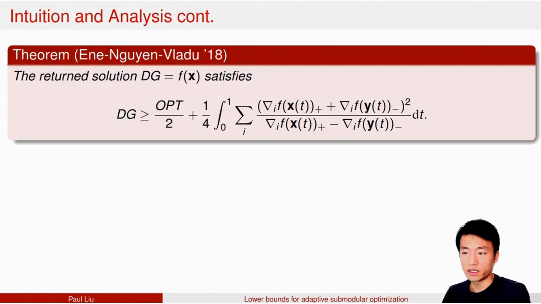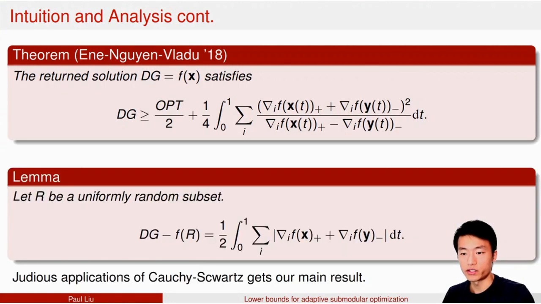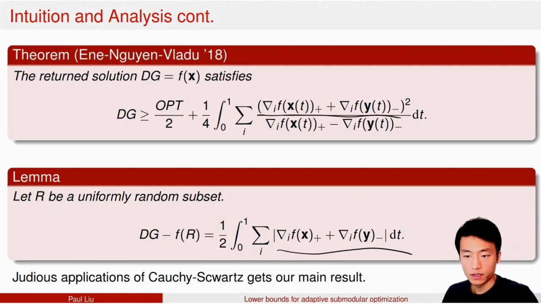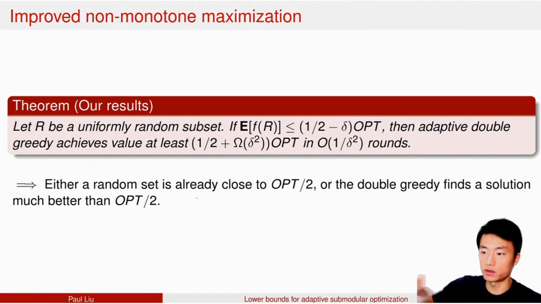So actually in our analysis, our key lemma is to show that if you relate the double greedy solution with the value of a uniform subset, you get a similar expression. Because the similar factor appears, and since the top is squared and the bottom is not, we can apply Cauchy-Schwarz to get our desired result. And this is what gives the squared factor in the 1 over delta squared round result here.